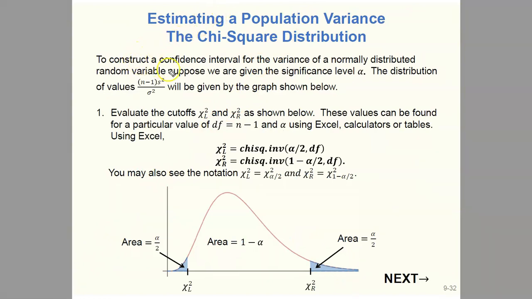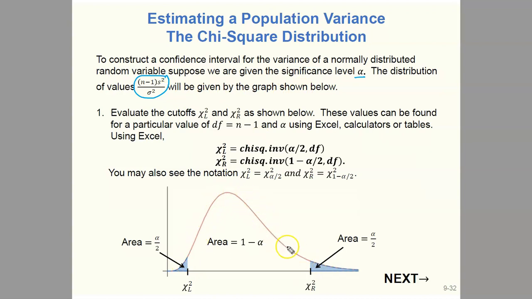Now, to construct a confidence interval for a variance for a normally distributed random variable, we're going to follow this procedure. Suppose we're given some significance level alpha, typically 0.05. Now the distribution of these values, remember, will be given as a chi-square distribution like what we have right down here.